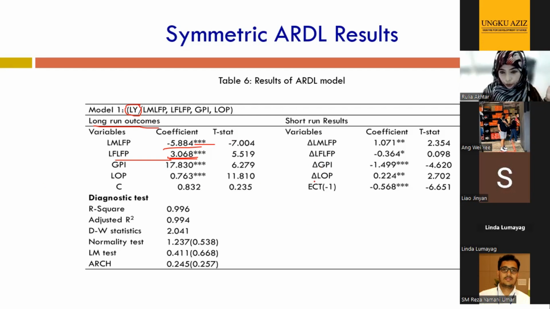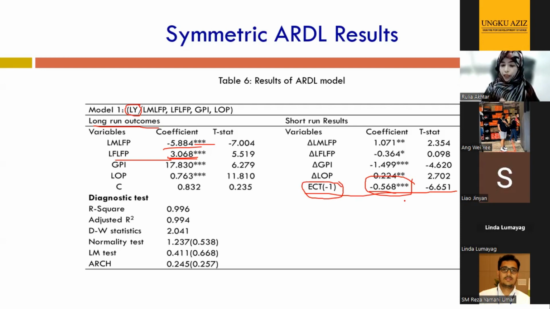Okay, now I move to this side. You see the error correction term, or ECT, here. Our assumption is that this should be negative and significant, so we can fulfill our criteria. Negative and significant means that the long run relationship exists.